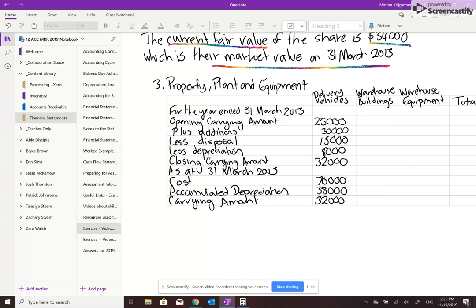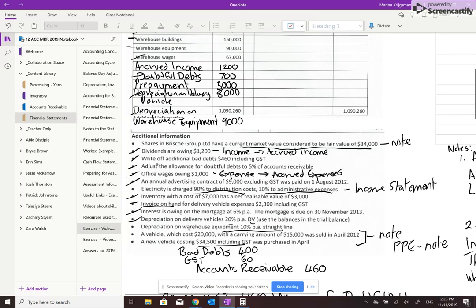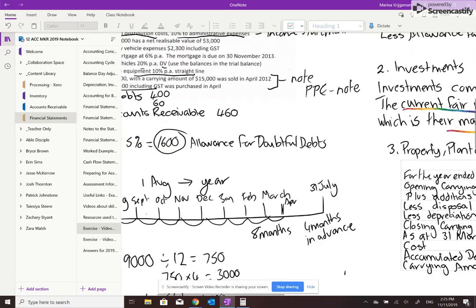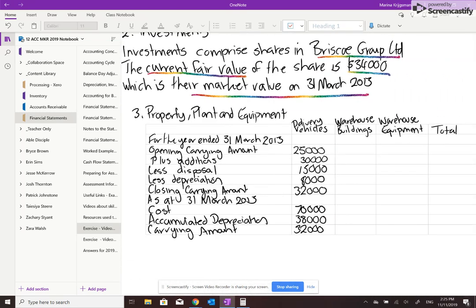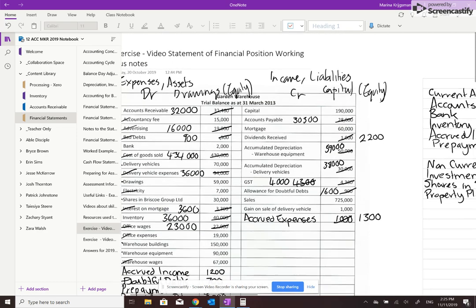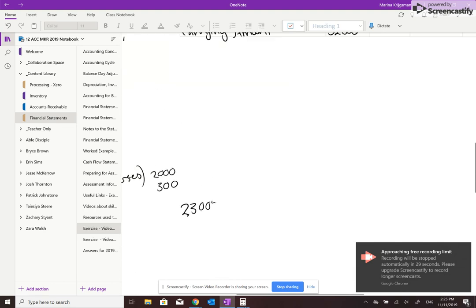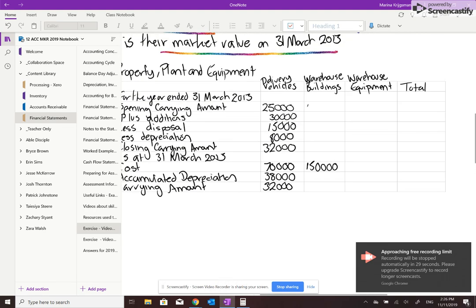These ones are going to be a little bit easier because we haven't got any additions or disposal. So we're going to find the historical cost for our buildings, which is 150,000. Going to put that there. Buildings don't tend to have accumulated depreciation on them. So we've got nothing there. So we'll just finish this off in the next video.